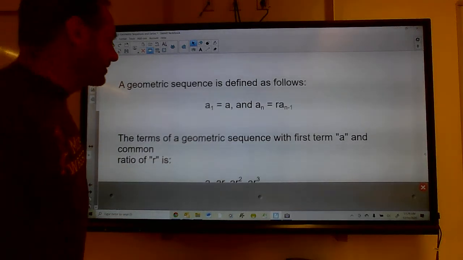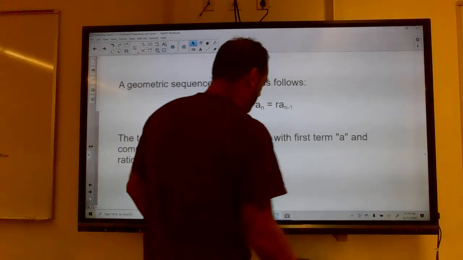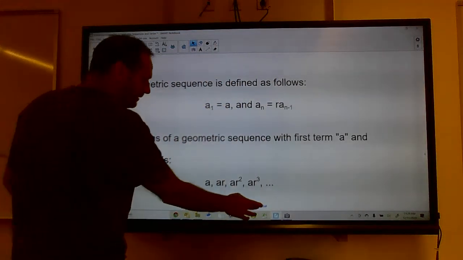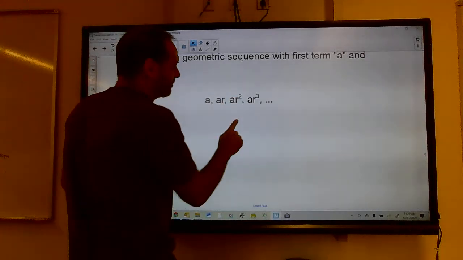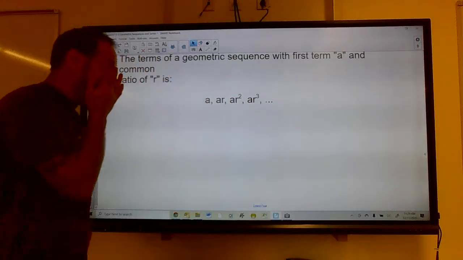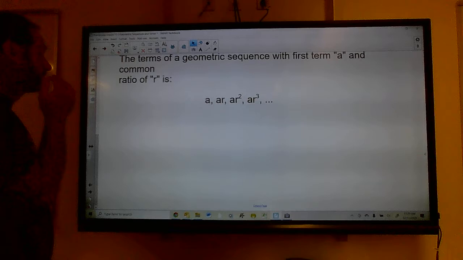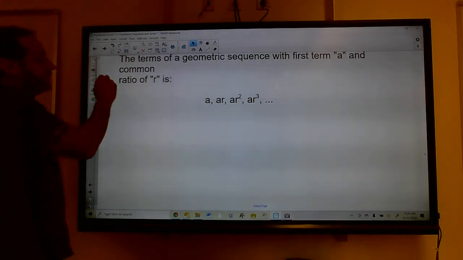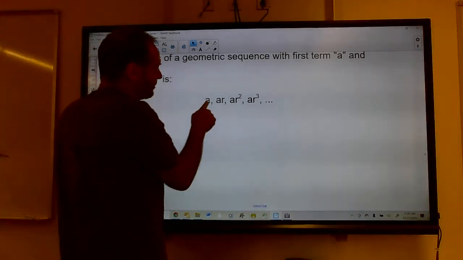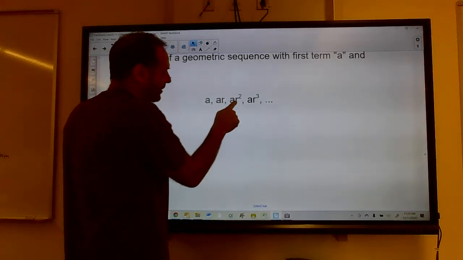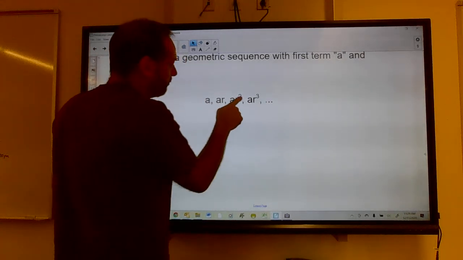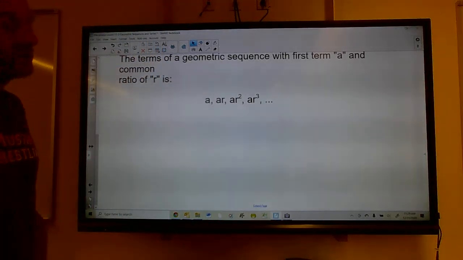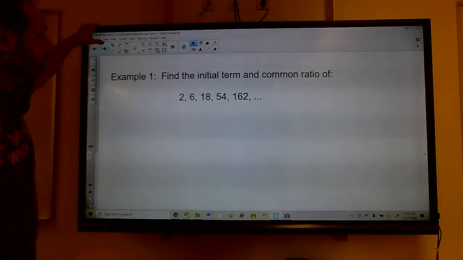The terms of a geometric sequence with the first term of A and a common ratio of R is A, A times R, A times R squared, A times R cubed, and so on. Notice that the first term has no R, the second term has one R, the third term has two R's, the fourth term has three R's, so it's always one less common ratio than there is the term.